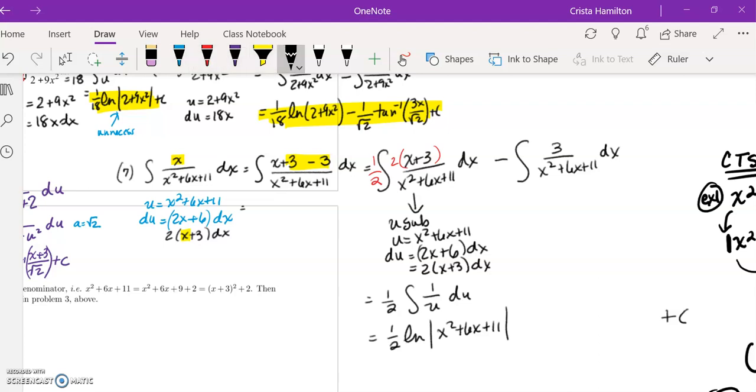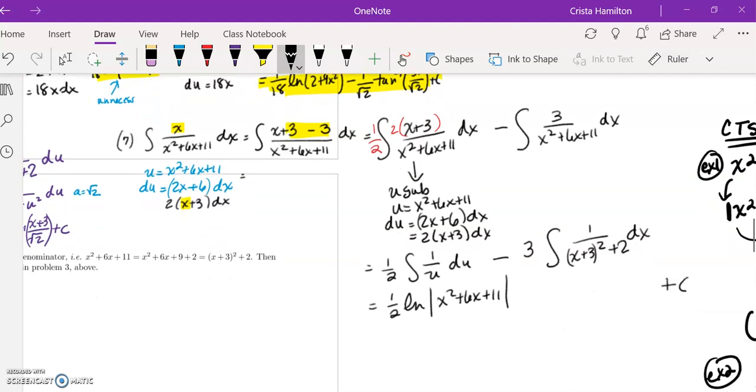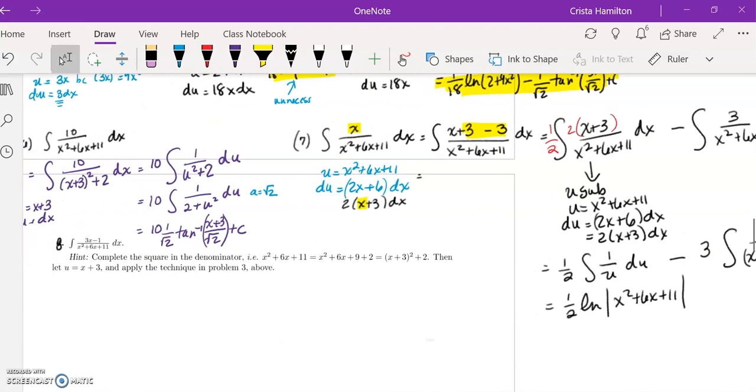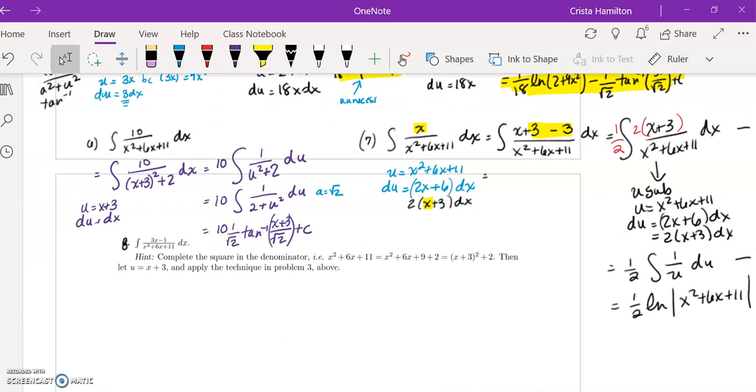So on that one, we complete the square, so it becomes minus, I'll pull the 3 out, the integral of 1 over x plus 3 squared plus 2 dx that we had before. So the 3 is nothing more than an extra rider on that.